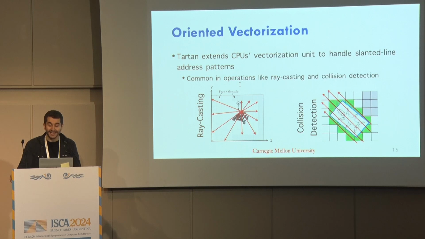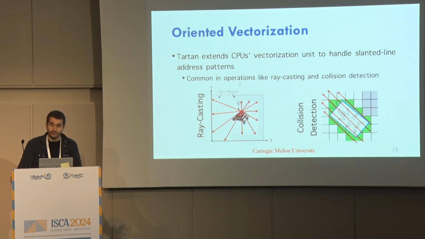For example, raycasting is the process of aligning sensory data with the robot's belief, and it involves checking the robot's belief map in different cells nearby each other, but not axis aligned. So we have traversals that correspond to different rays, and the directions in the computation correspond to the direction of the rays. Similar happens in collision detection.